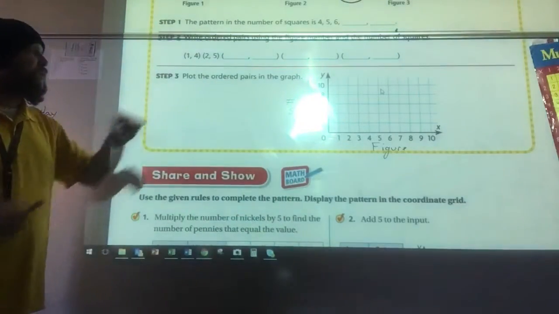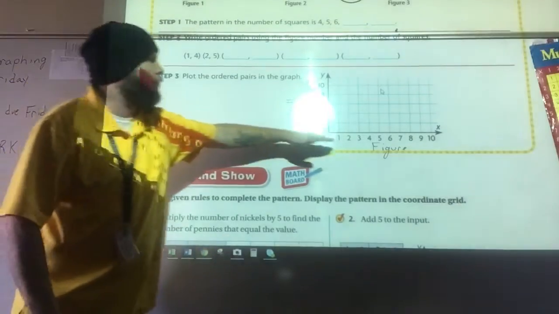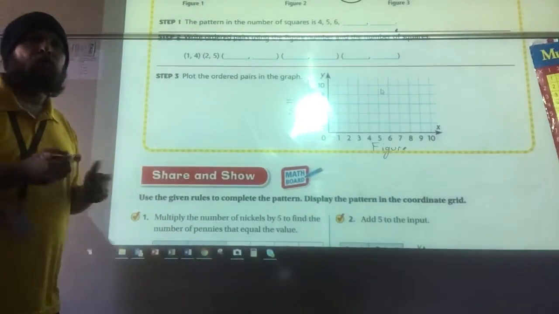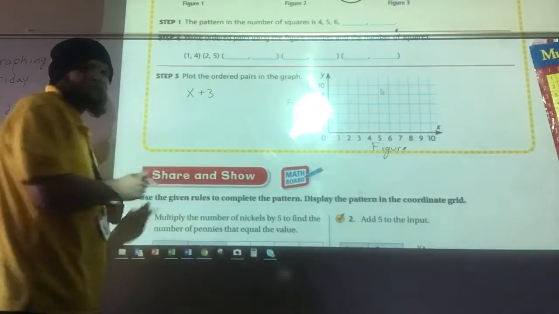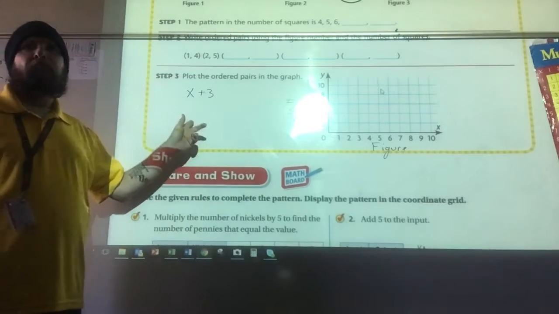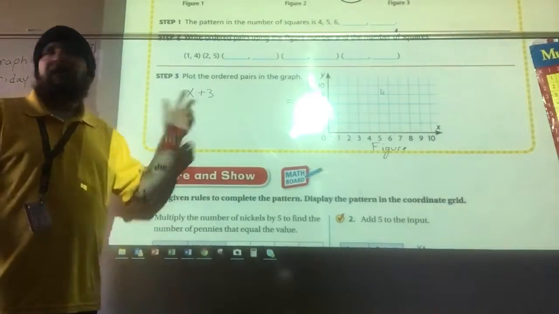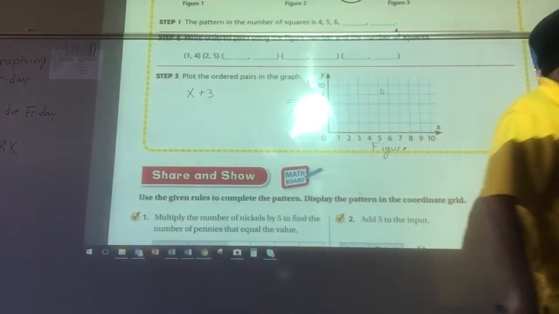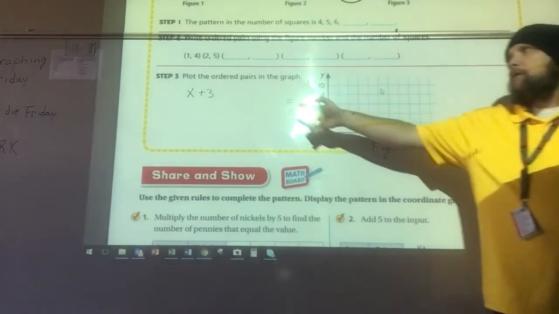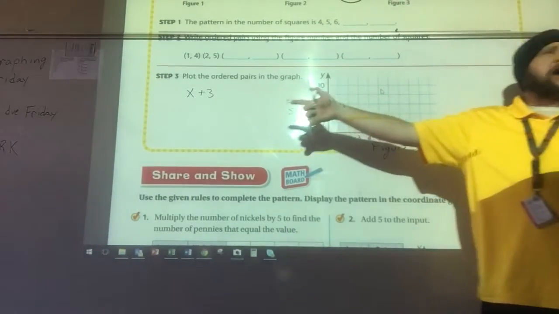Now, when we're doing this, how did we get from figure to the number of squares? What was the rule? X plus 3. That's called an additive pattern, which means you're adding to get from the x to the y. You might see problems that say, what kind of pattern is it?